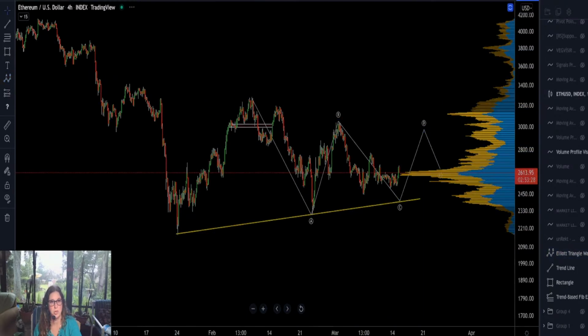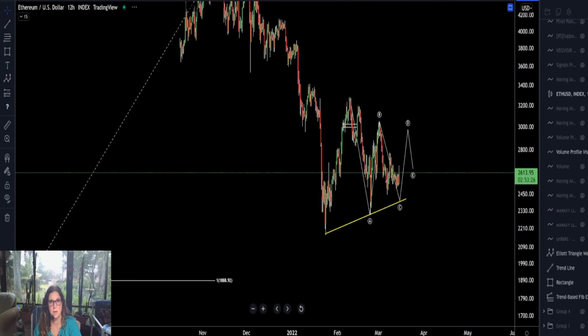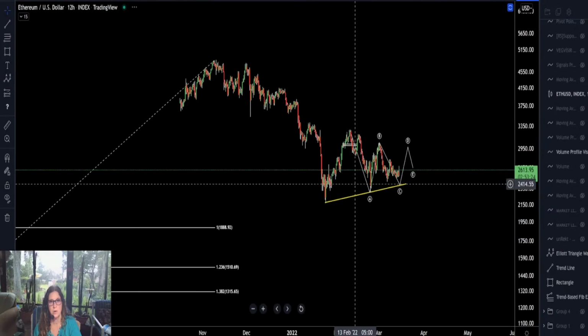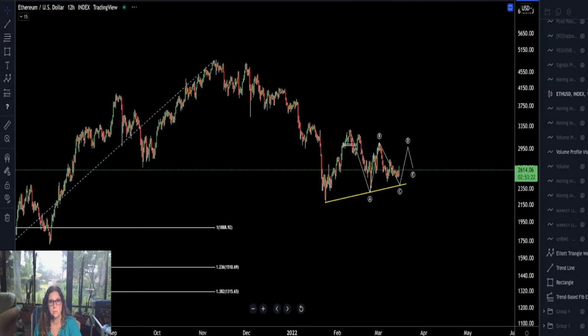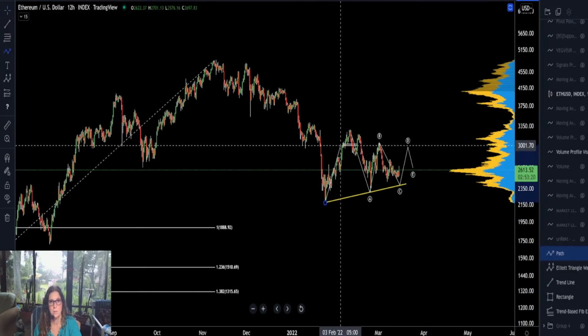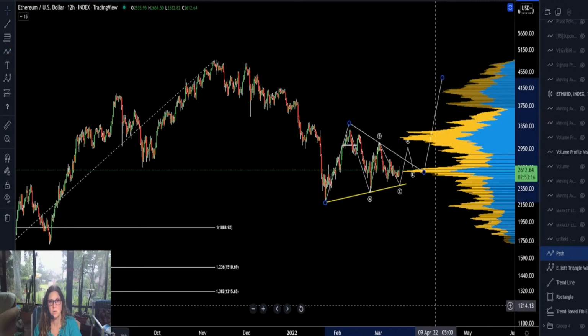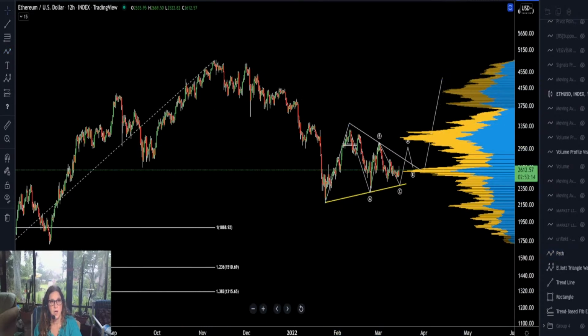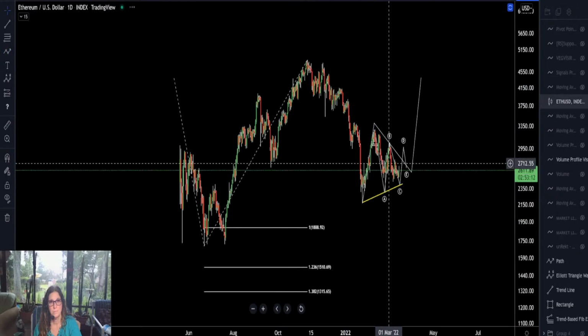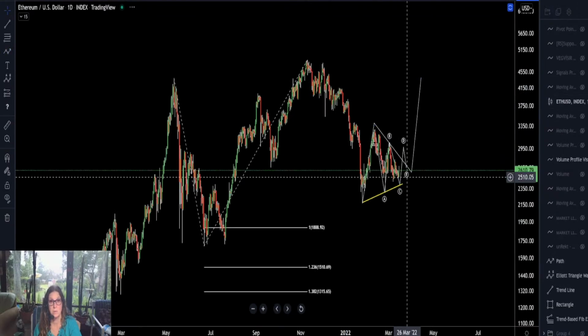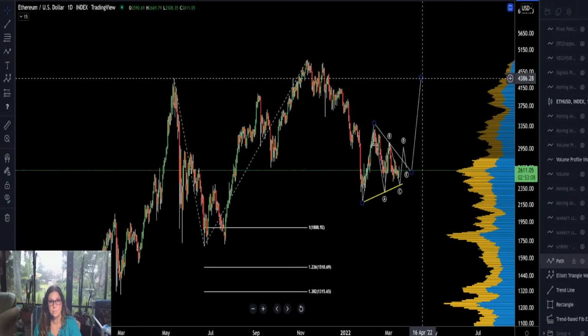We're hoping that triangle will kick to the upside and that it'll be this kind of triangle where we move up, okay, and get up there for the bigger triangle. If not, then it's bad news.